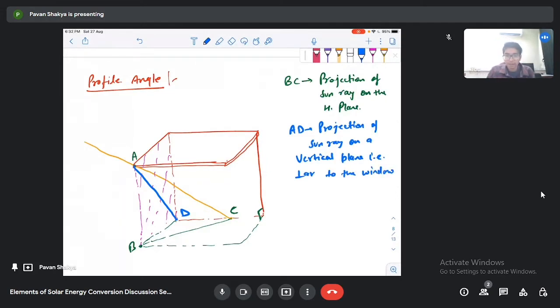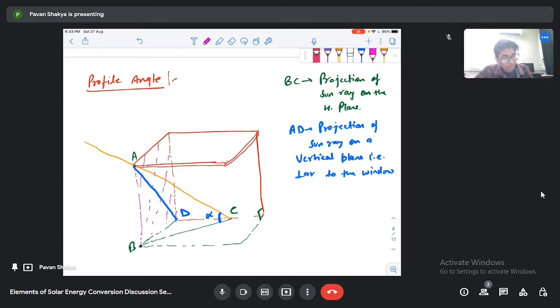Can anyone tell me what will be this angle that is made between the sun ray and the projection on the horizontal plane? This angle will be the altitude angle, that is alpha, that I have told you.